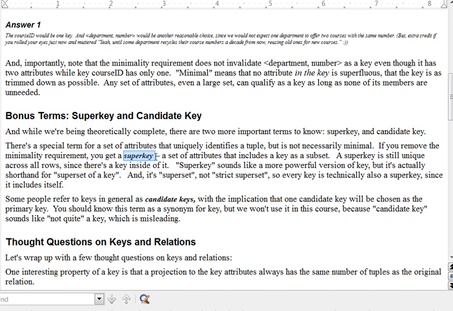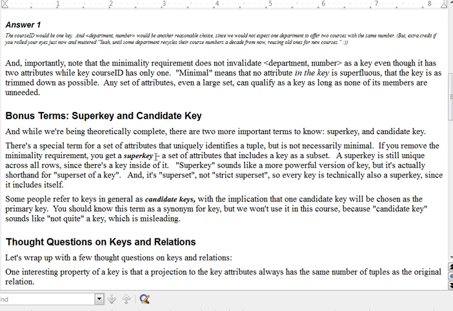A superkey is still unique across all rows, since there's a key inside of it. Superkey sounds like a more powerful version of key, but it's actually shorthand for superset of a key. And it is superset, by the way, not strict superset. So every key is technically also a superkey, since it includes itself.